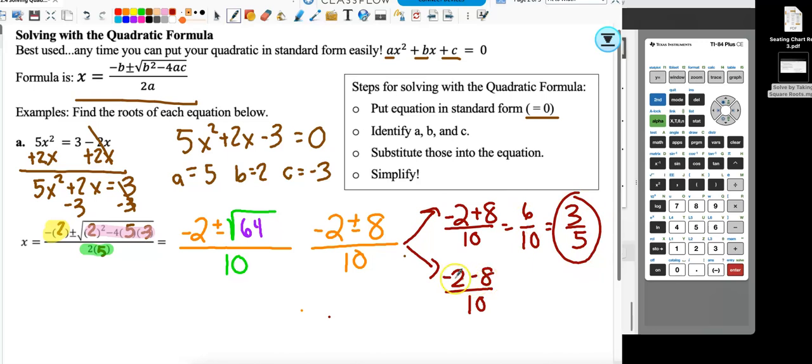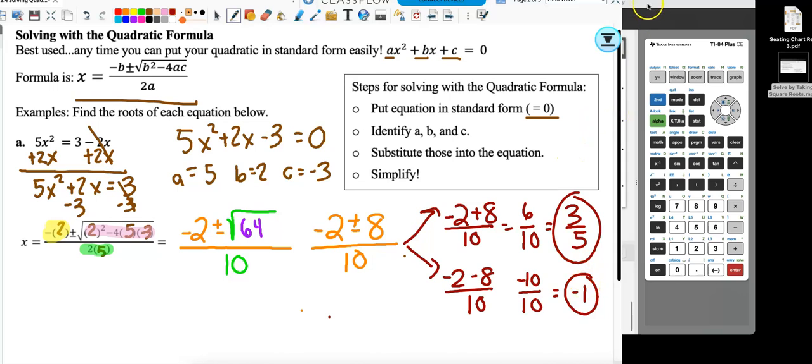Same thing down here. Negative 2 minus 8 would be negative 10 over 10, which would reduce to negative 1. So those are my two answers, 3/5 or 0.6, and then negative 1. That is how you use the quadratic formula to find your answers.